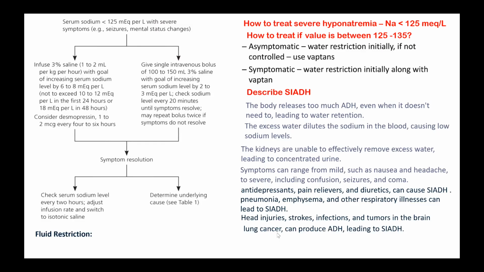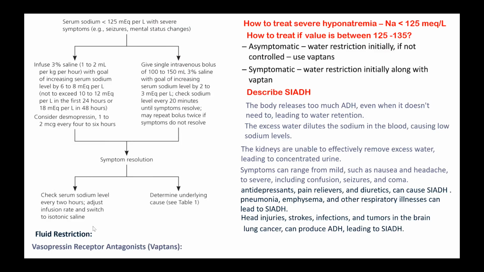And this can also happen in lung cancer, which produces excess ADH, leading to SIADH. So the treatment for that is fluid restriction, and you can use the Vaptans. This is one condition where the vasopressin receptor antagonists, which block the action of ADH, are indicated, so that you will have a normal urine output and the excess volume can be excreted.